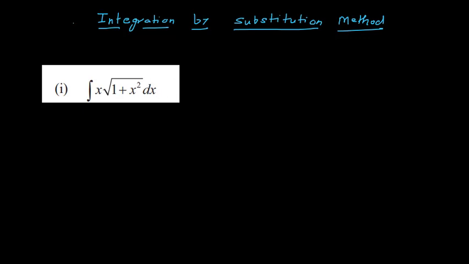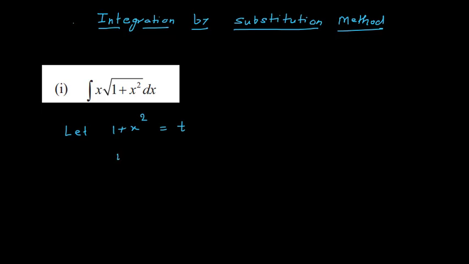So as the method is the substitution method, here we substitute something with some other variable. Say I take 1 plus x square as t, and now I differentiate both sides with respect to x.